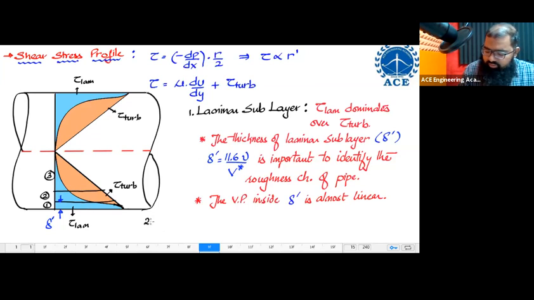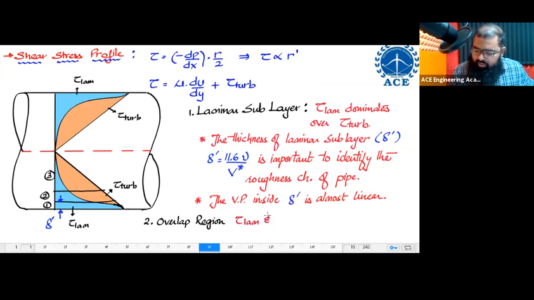So the second region over here is known as the overlap region. What is going to happen in the overlap region? In the overlap region, tau laminar and tau turbulent are both significant.